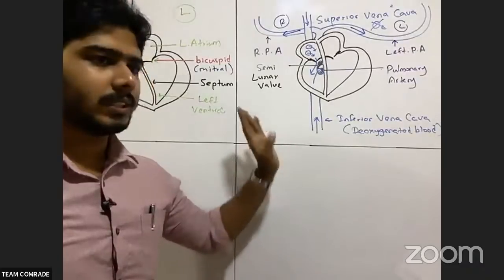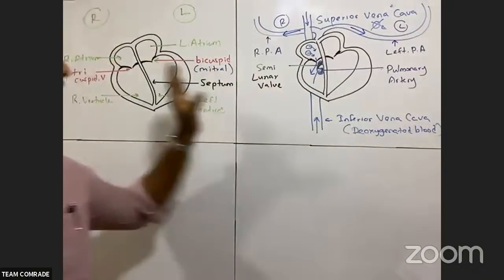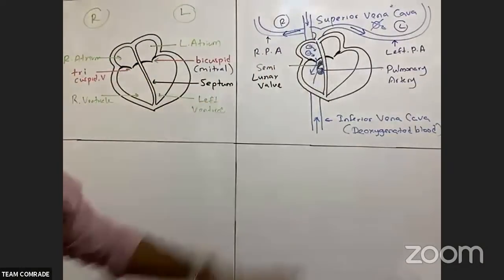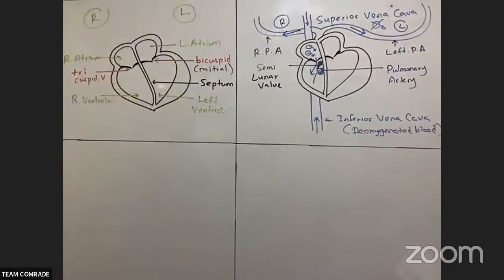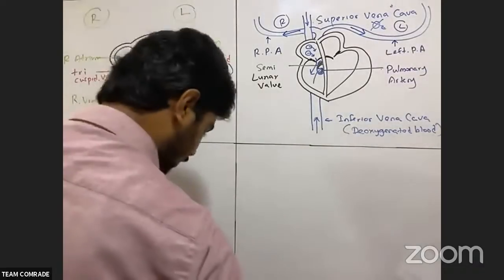So this is another single circulation. After this, what happens? Quickly draw it down. So draw it.